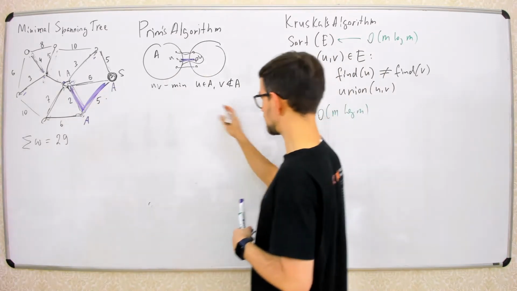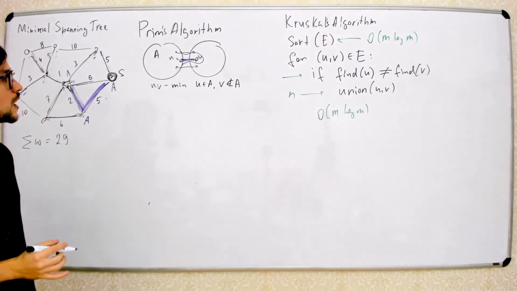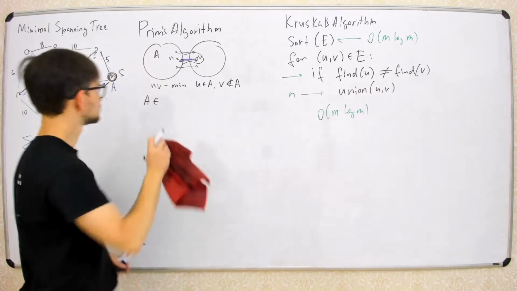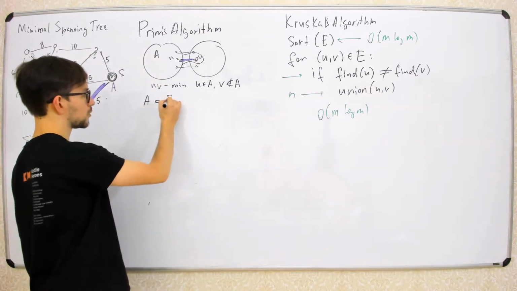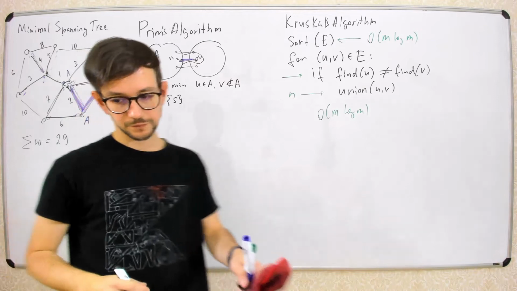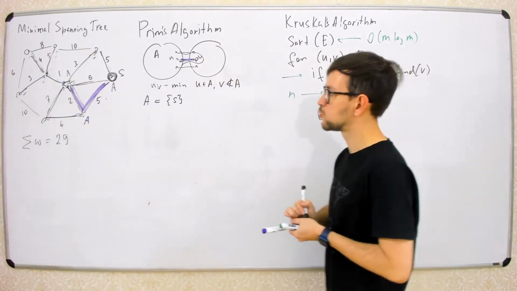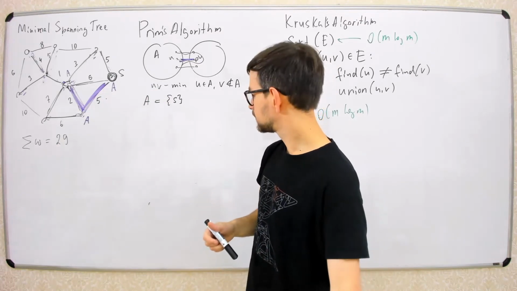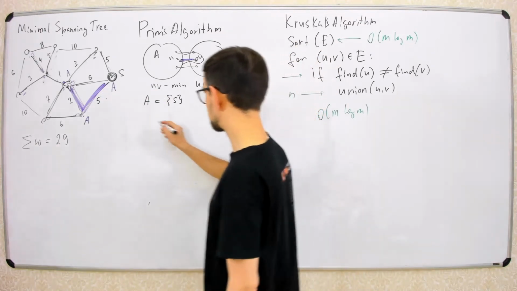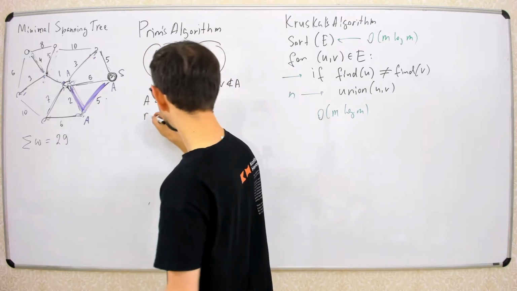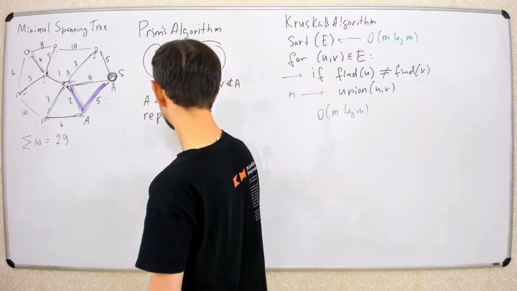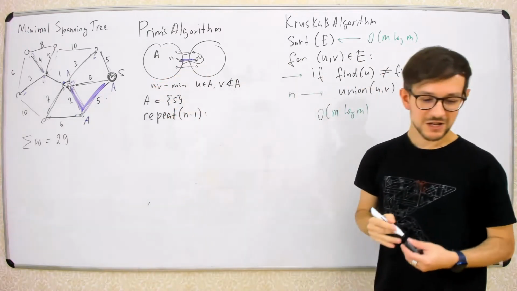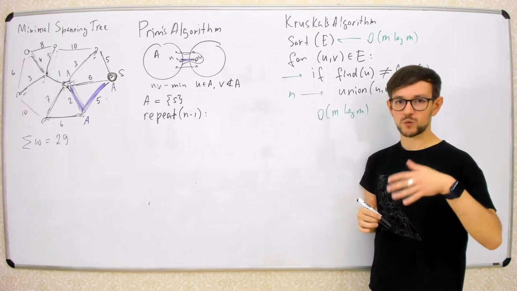But let me write the code. So first, set A contains only one node, s. So we start by putting one of the nodes of the graph into this set. And now each time, let me write it in Kotlin way again. We just repeat n minus 1 times the following operation.